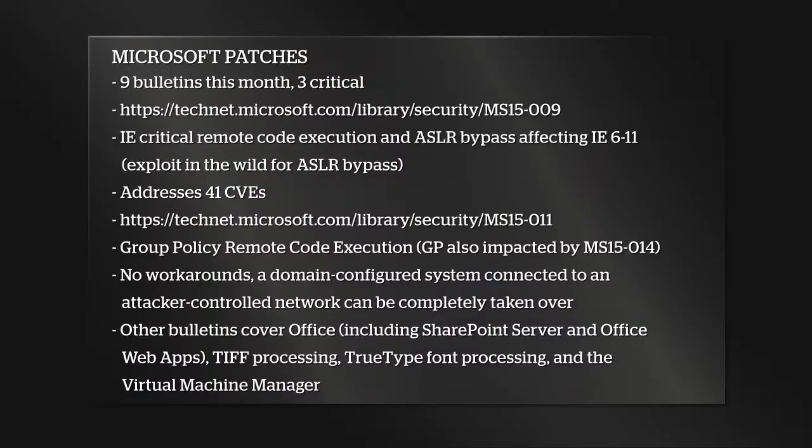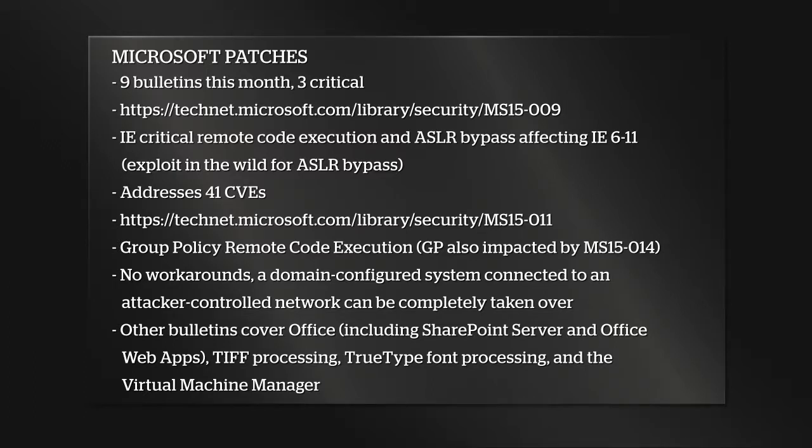Wow. So this one is pretty serious, and unfortunately I was looking down in the workarounds section of the bulletin, and there are no workarounds for this one. So those are 2 of the 3 that are listed as critical this month. The other bulletins cover Office 2007, 2010, 2013, including SharePoint Server and Office web apps.